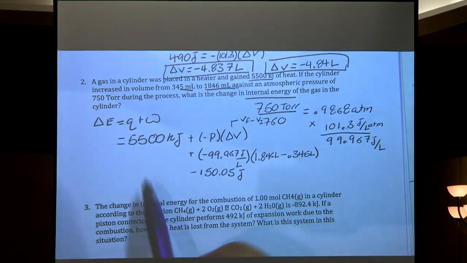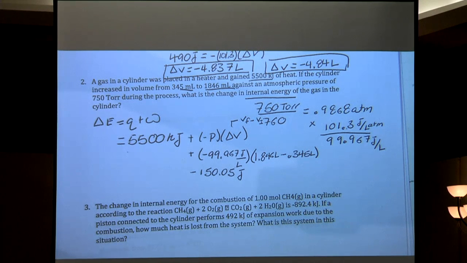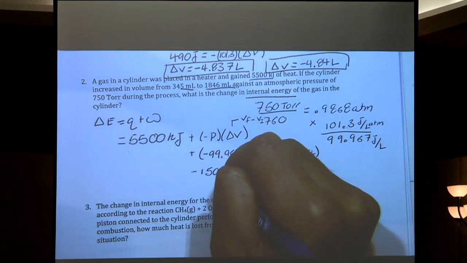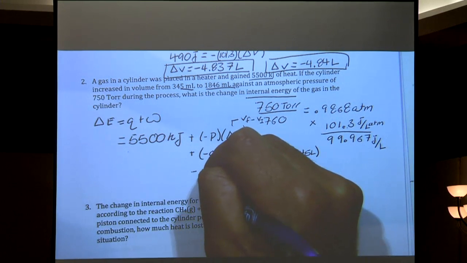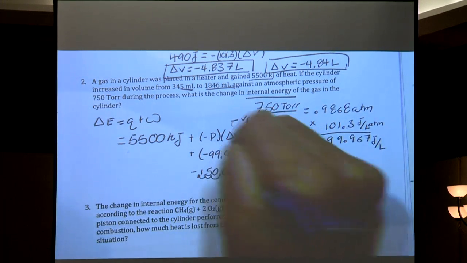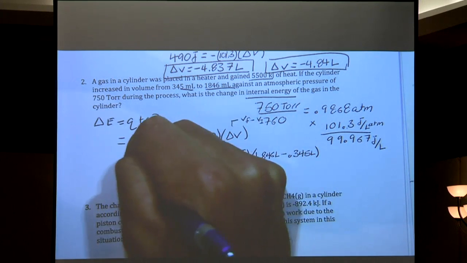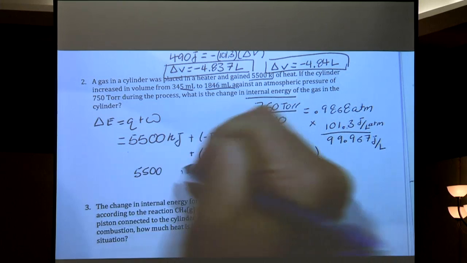Can I subtract kilojoules from joules? No, so I'm just going to change this to kilojoules because it's fairly simple to do. You just move the decimal point 3 places over. Now you're in kilojoules. 5500 kilojoules.